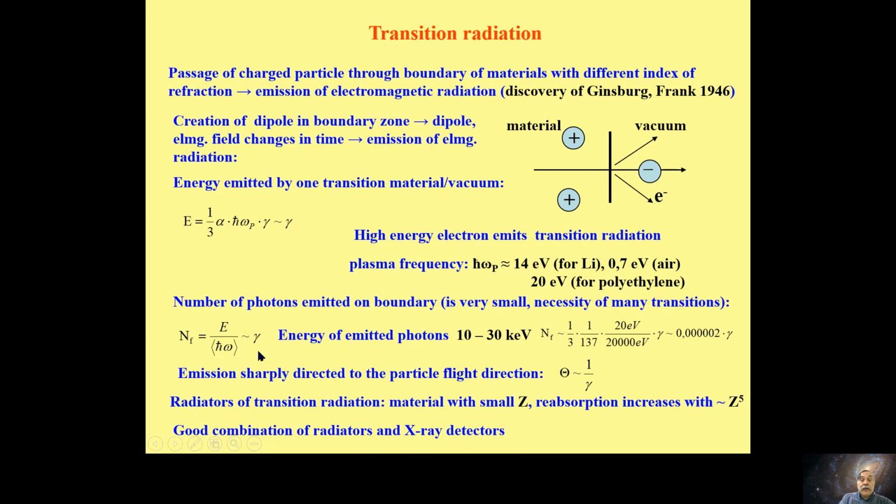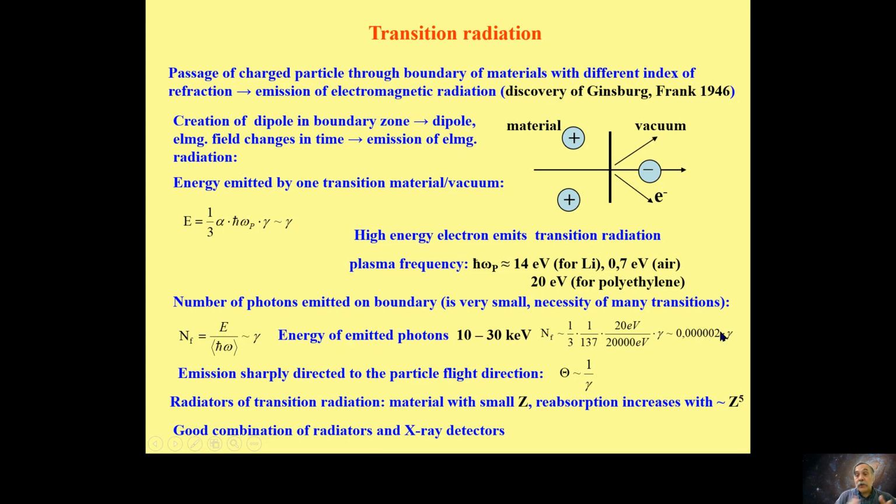But this energy is increasing very quickly with the gamma factor, that means with velocity. And if the velocity is very near to the velocity of light, the probability will be higher and higher. But in any case, this number of photons is very, very small.